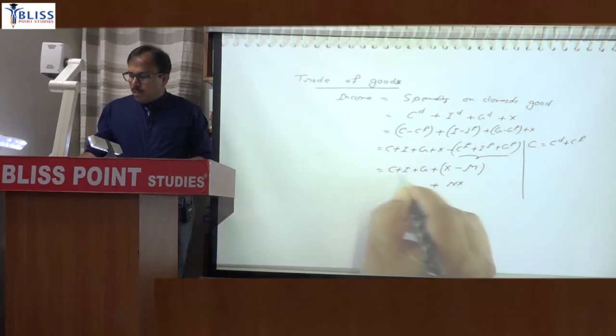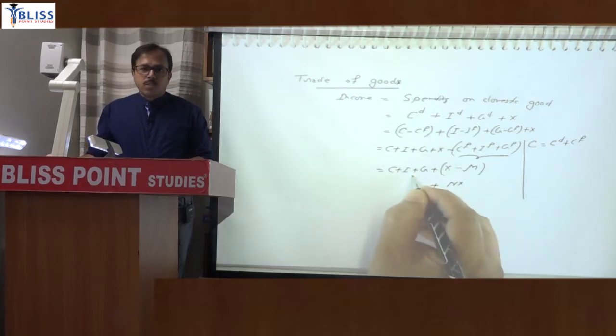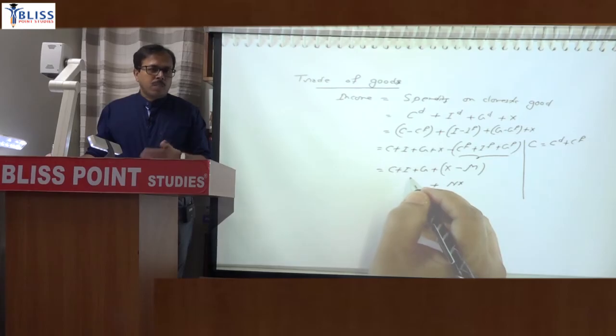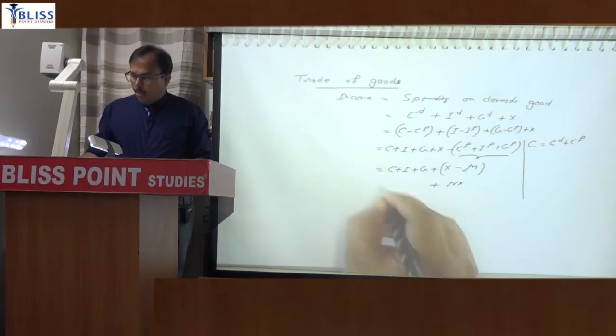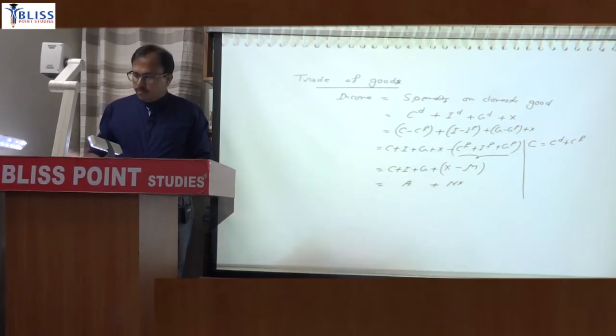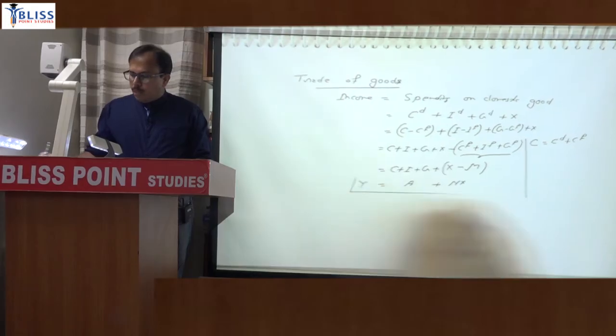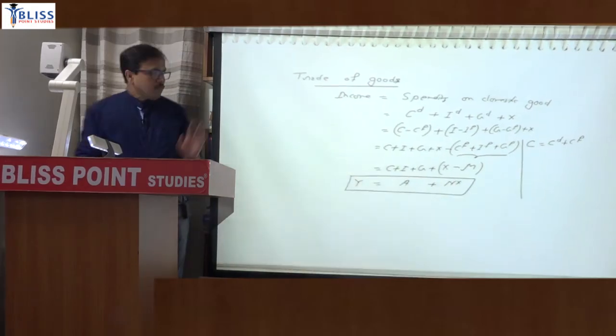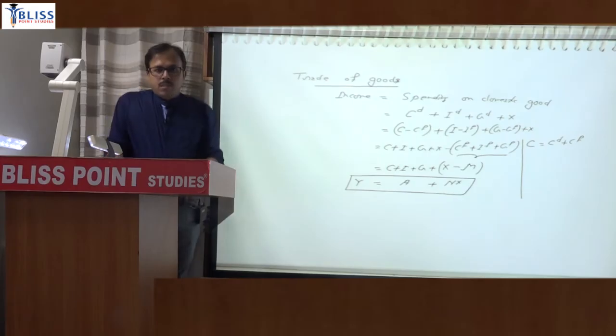And what is the C plus I plus G? C plus I plus G is spending by domestic resident, because domestic resident include household, firm and government. So spending by domestic resident you can call it A. So Y is equal to A plus NX.